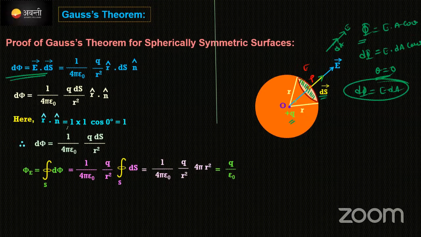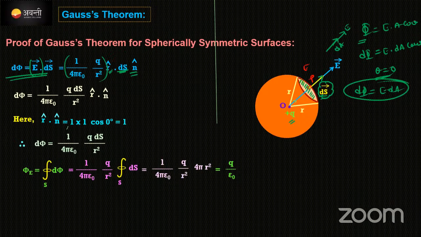Correct? That is what I am writing here. The first equation will be d phi equal to E dot ds. And we know the electric field intensity due to a single charge is kq by r square, kq by r square itself. This is the electric field value. If you want to write this in vector form, you need to multiply by a unit vector, and ds is the small area we are considering here, and n cap is the unit vector of this area.